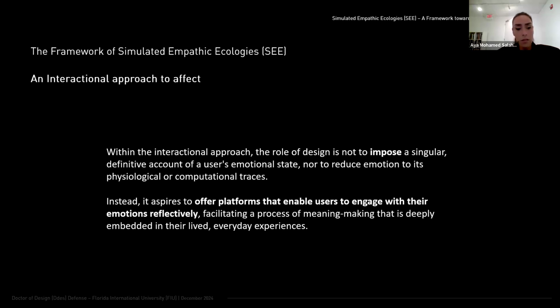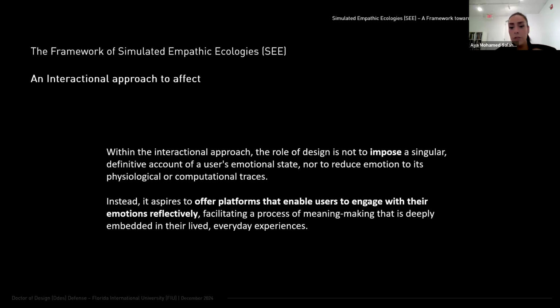The approach within the C framework looks at it as more of a co-creation and an engagement between the user or the occupant of the space and the system around it, and the environment that enables the user to engage with their emotions reflectively. And also to have agency in the process of making meaning of their own affect, which is embedded in their lived experience every day.